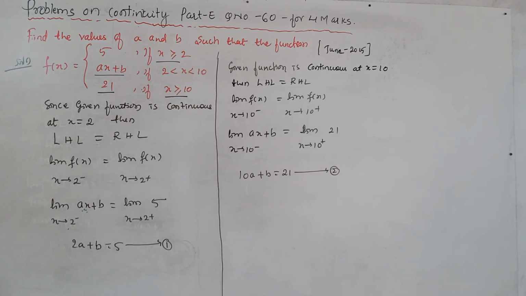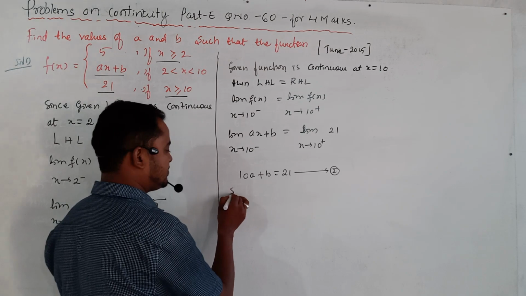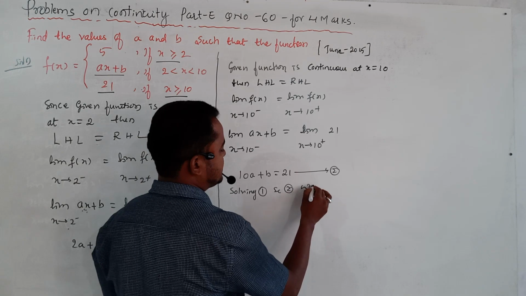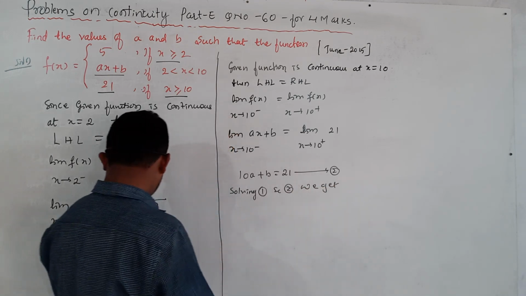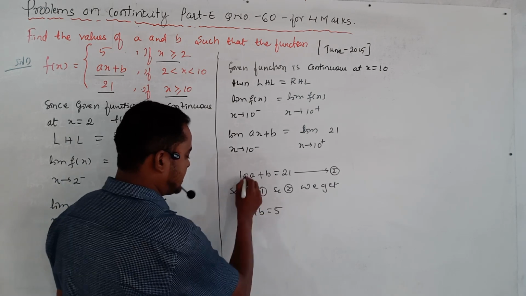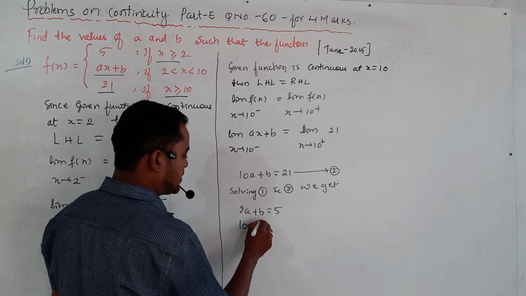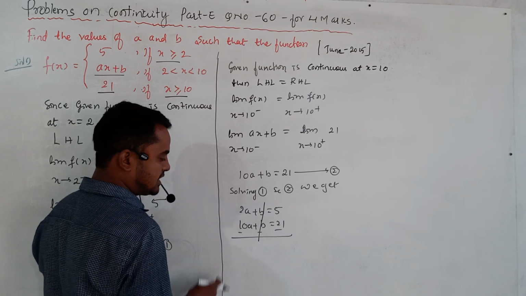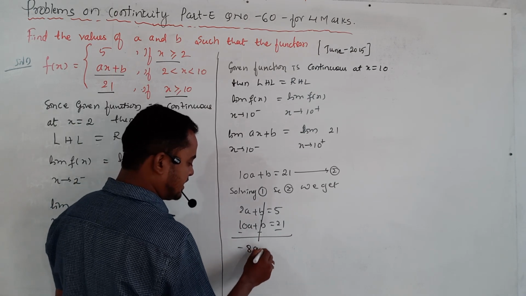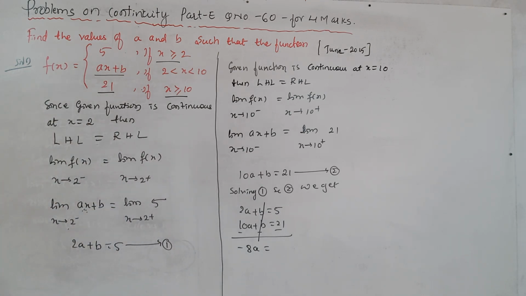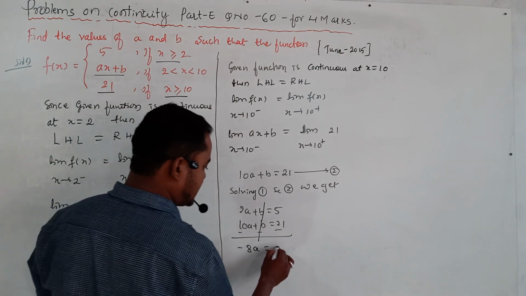Solving equations 1 and 2, we get: 2a plus b is equal to 5, 10a plus b is equal to 21. Subtracting, plus b minus b cancels. 2 minus 10 is minus 8a, and 5 minus 21 is minus 16.